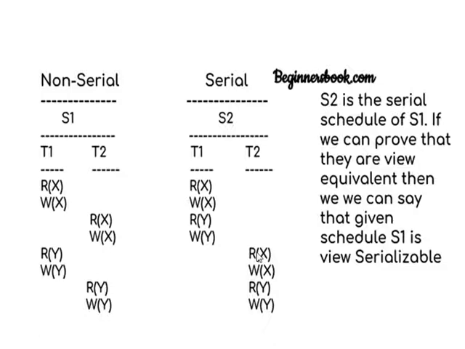Let us check for the data item Y. In S1, transaction T2 reads the value of Y written by T1. See here, after writing Y only, we are reading Y. The same transaction T2 reads the value of Y after it is updated by T1.